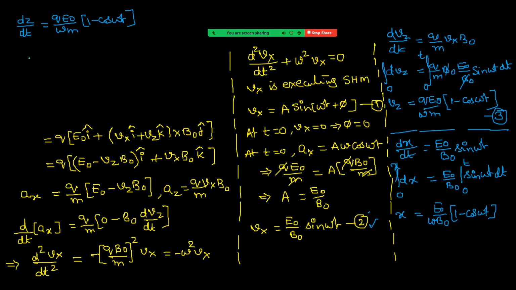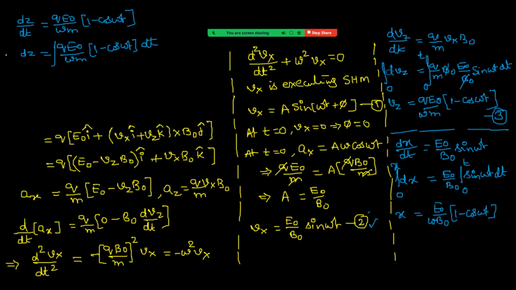So dz equal to q E naught by omega m into 1 minus cos omega t into dt.